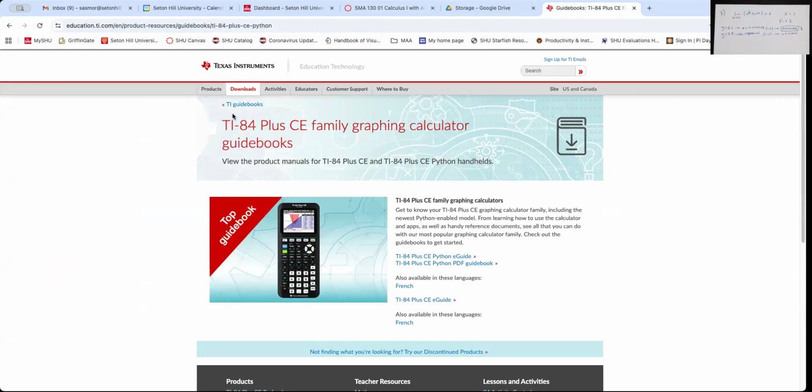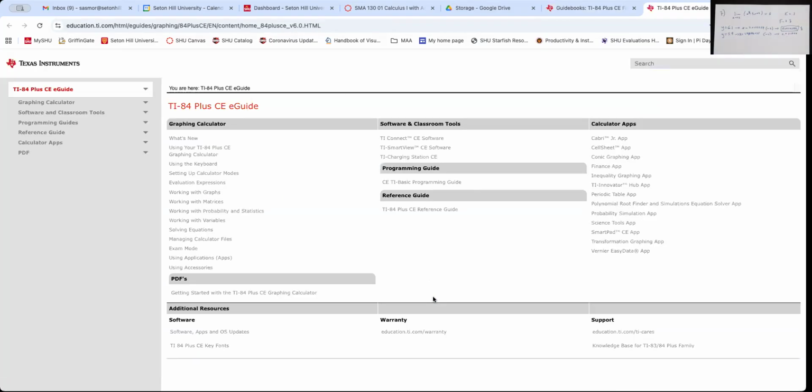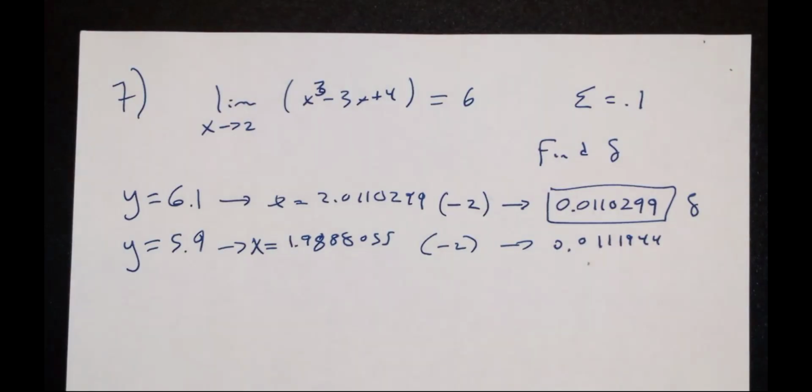You want the manual? It's right there. This will tell you everything you want to know about this calculator, how to do anything. So if there's something on your calculator you've forgotten how to do, here are two different ways to find out how to do it. Third option is to come to office hours and bug the snot out of me, and we'll figure it out together.